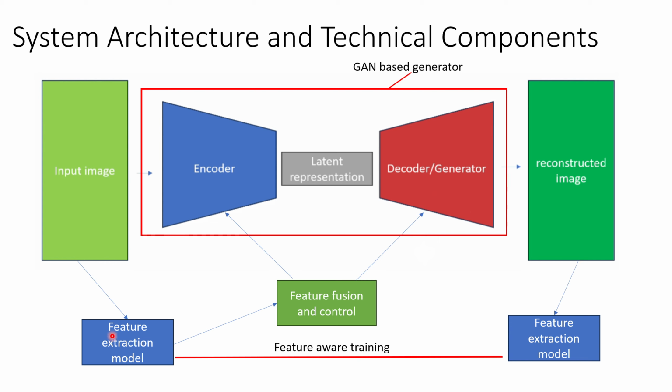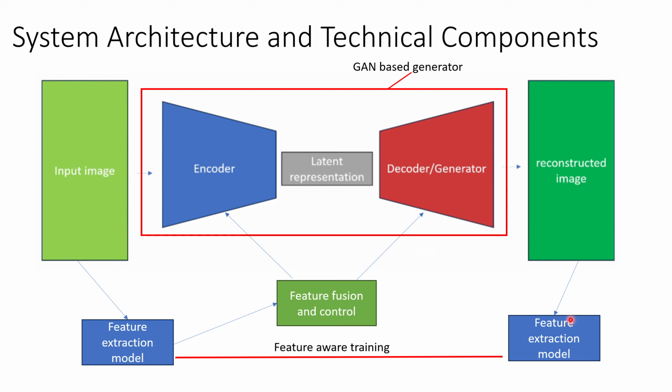But the important design is the feature extraction model. We use the feature extraction model to extract some low-level features from the input image or the input faces first, and we feed these features to the feature fusion and control model, and after processing these features, we use them to guide the GAN model to generate a correct face, a higher resolution version of the face.